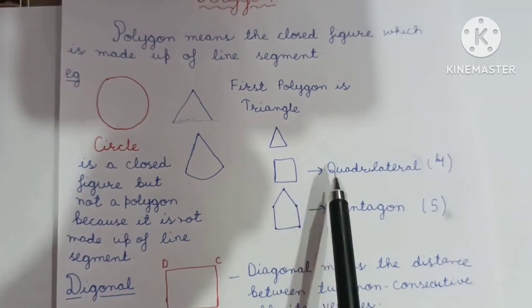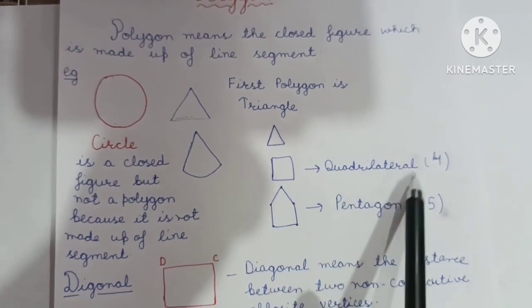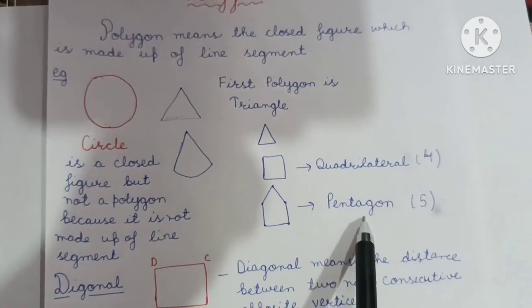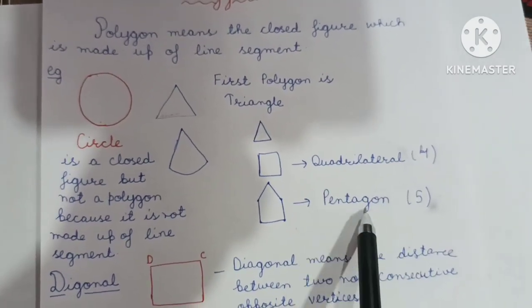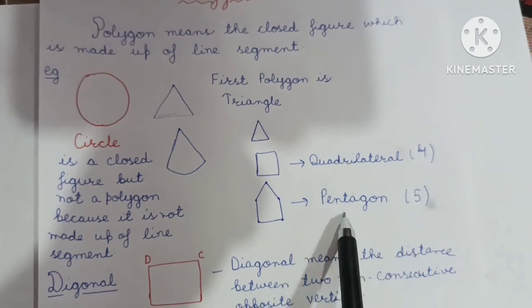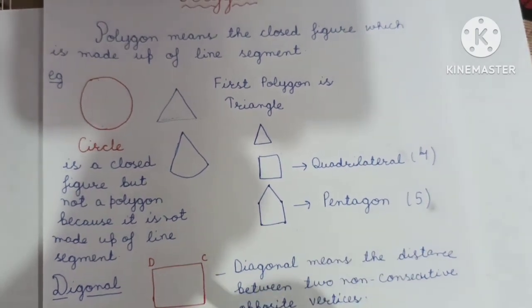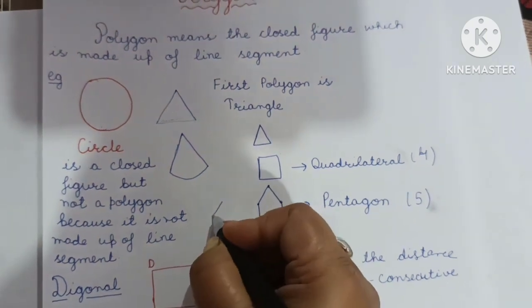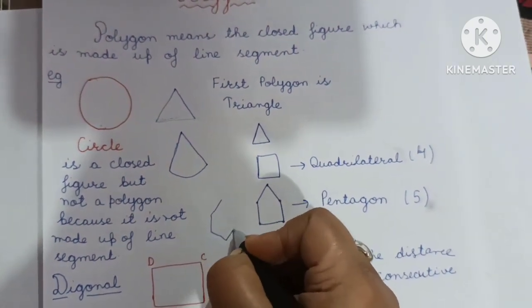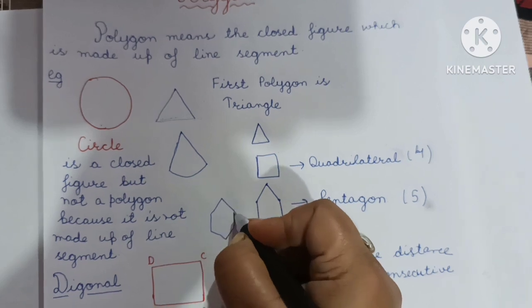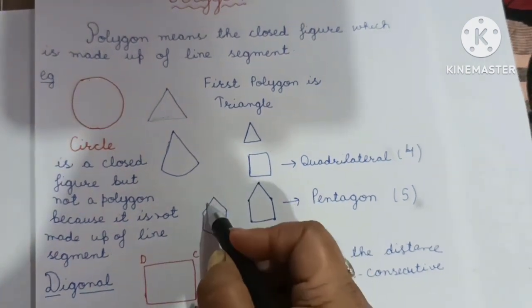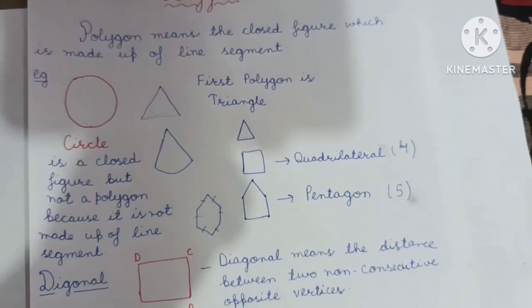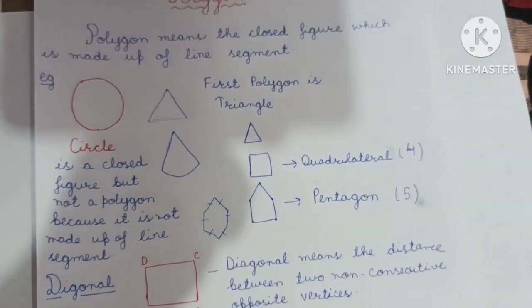The second polygon is a quadrilateral, which is made up of four lines. The third polygon is a pentagon, which is made up of 5 lines. Similarly, if you draw a polygon by using 6 lines, we call it a hexagon.